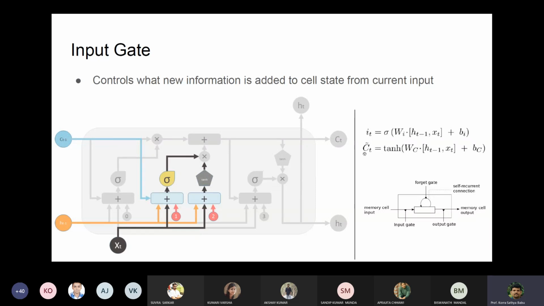Along with this, there is ct bar. How do you get this ct bar, the particular output after tanh? Here, what are you giving?